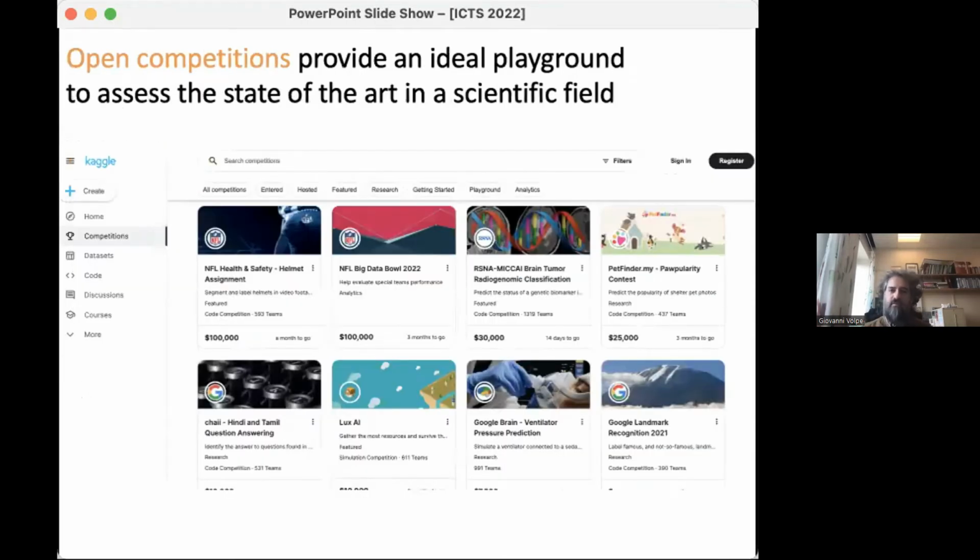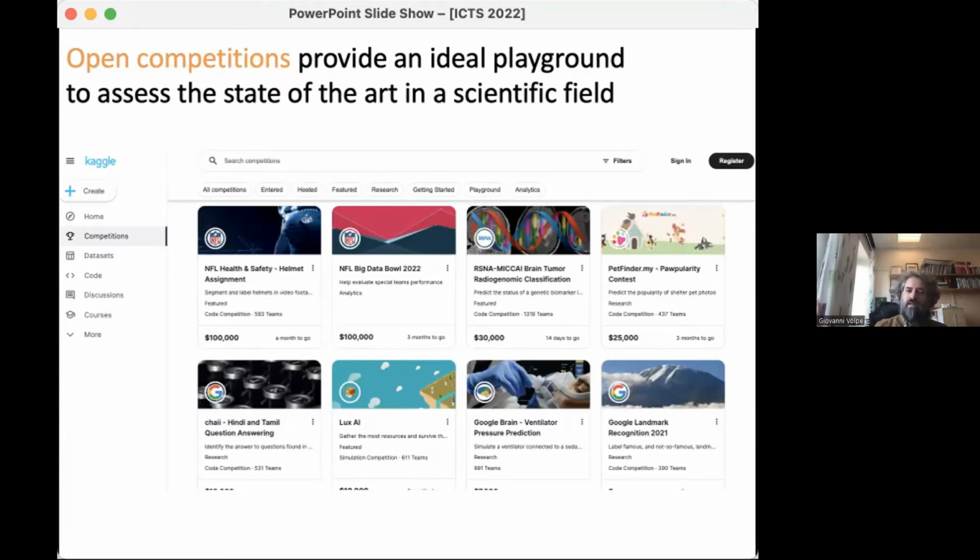So, you know, there are lots of open competitions, especially in the field of machine learning applied to different disciplines. And usually you might have heard of Kaggle, for example, or CodaLab. And these platforms help organize competitions where basically anyone who is interested in a certain topic can compete, sometimes for money, like in Kaggle, or for glory, like in CodaLab, and to see who can do best at a given task.